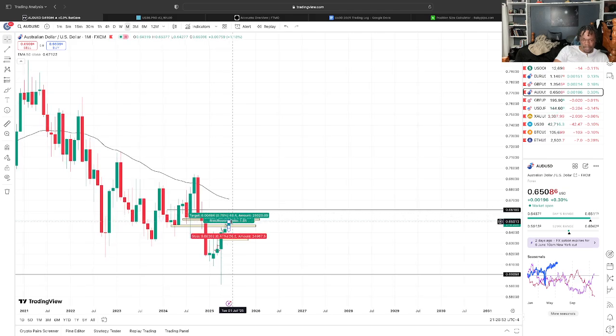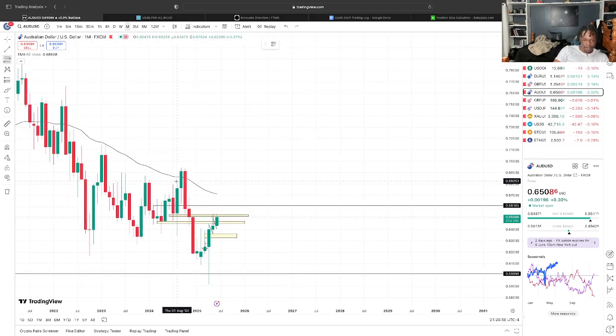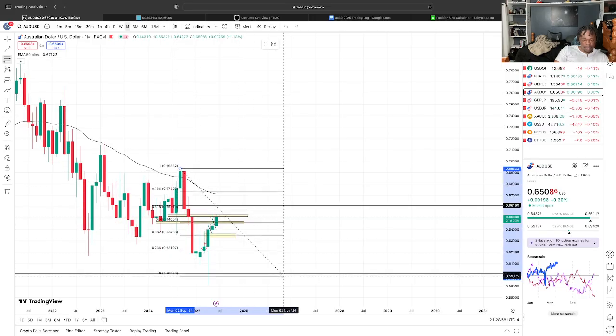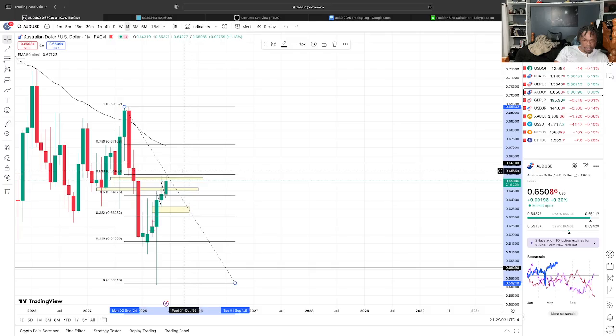It could possibly create a lower high. If we were to measure the retracement here, it would give us a 61.8% retracement of 0.654.